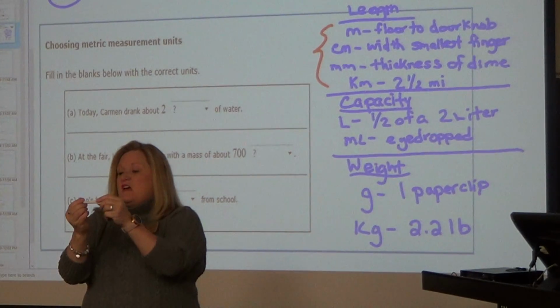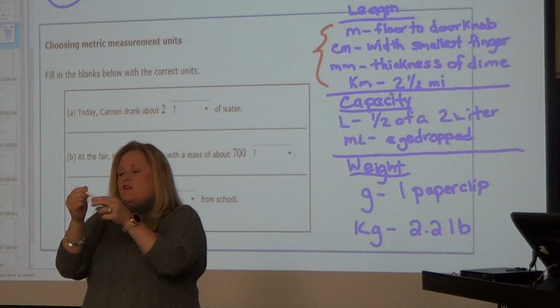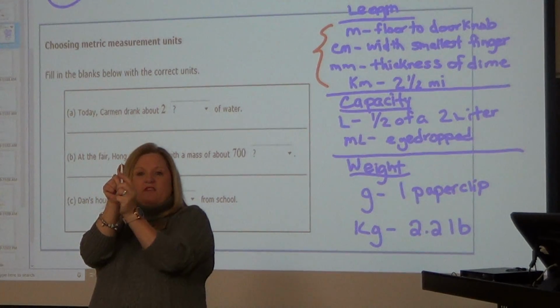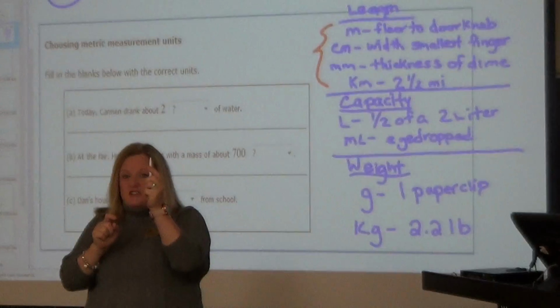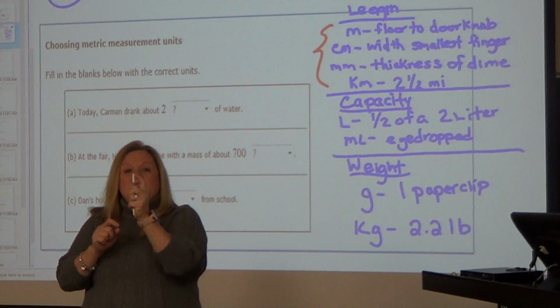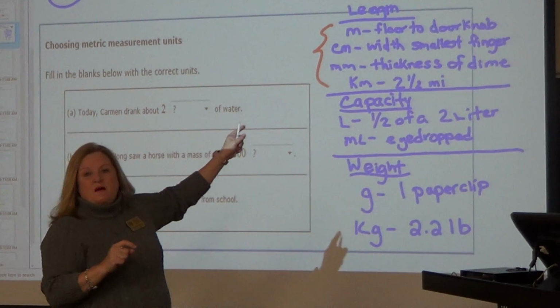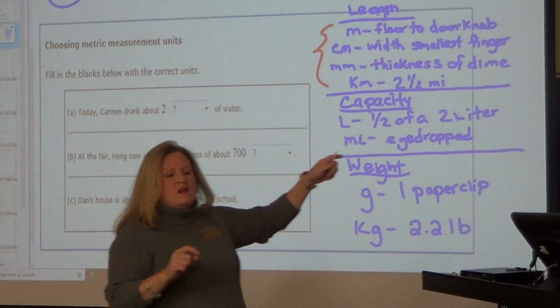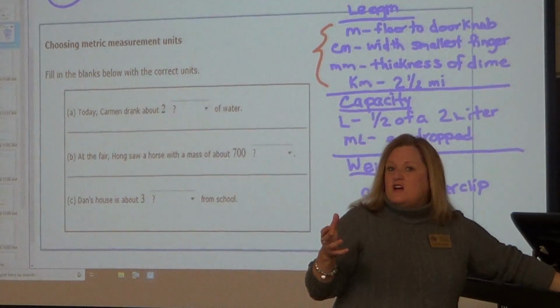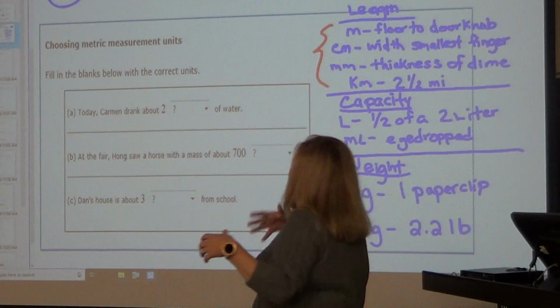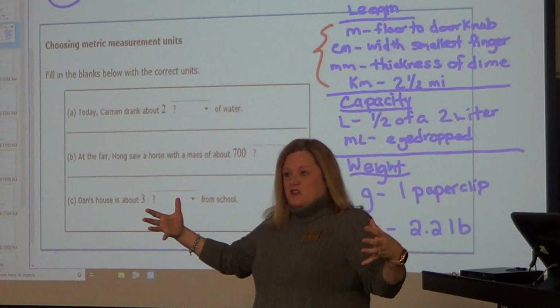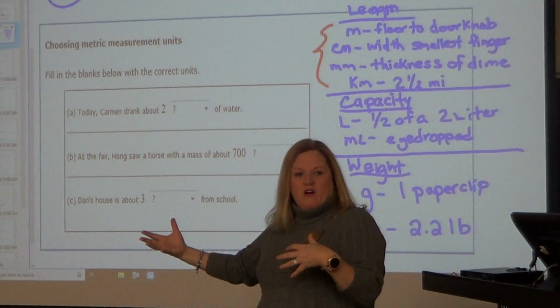Those are millimeters. So the width of the lead is in terms of millimeters. Kilometers. You've heard people run a 5K. Kilometers are in terms of half miles. So kilometers are like when you get in your car and go somewhere.